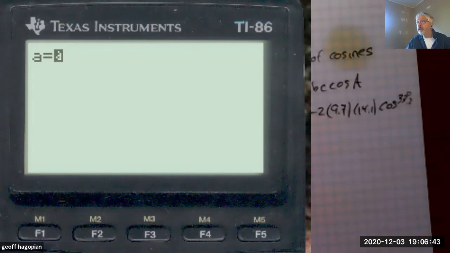So we're going to say alpha d squared plus, I think we can use c, minus 2 times b times c times cosine.